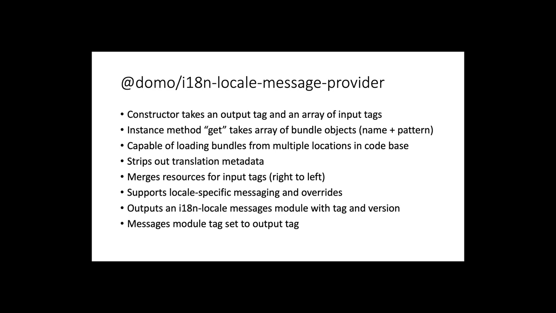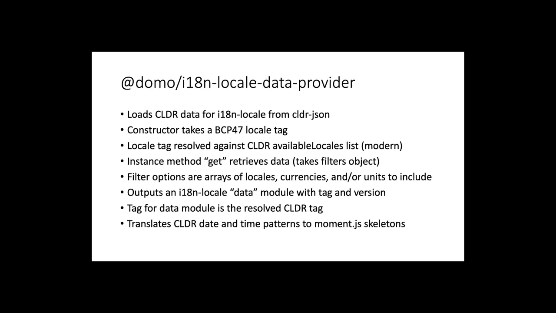The I18N locale data provider is the CLDR analog of the I18N locale message provider. It is responsible for loading CLDR data from CLDR JSON files that are installed as dependencies of I18N locale CLI. The data provider's constructor takes a single BCP47 tag, which is resolved against the list of available locales in CLDR JSON, the modern edition.